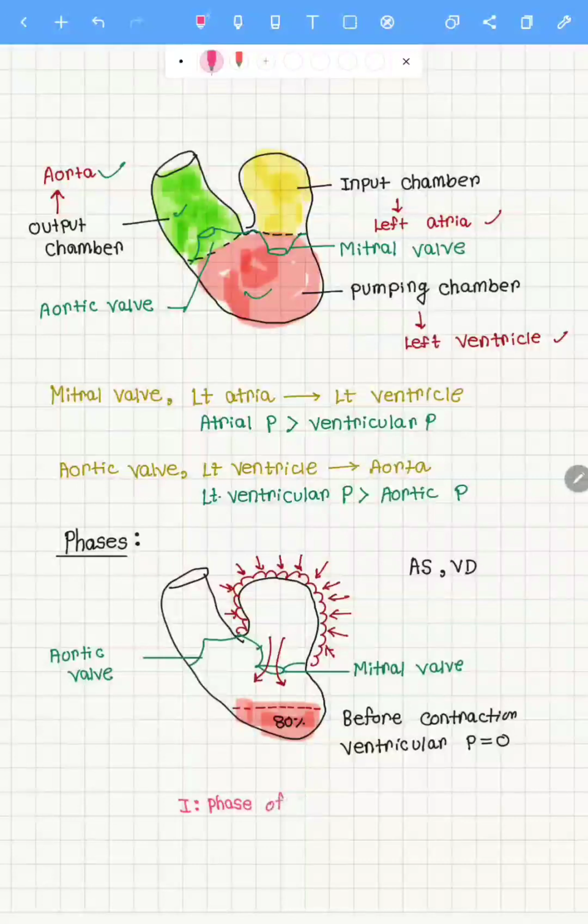Phase of atrial contraction. So this phase is over. Now we will come to the second phase in the next page.